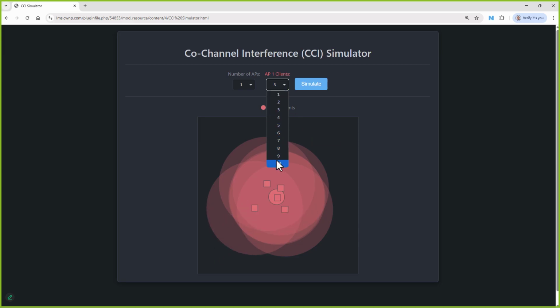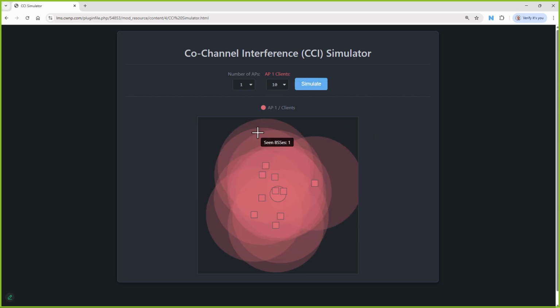In fact, I could add more clients, and you can see that in my little box I'm now covering much more of the space, even though the AP itself is still covering the same space, but my client signals are radiating out in other areas as well. Now, right now, because there's only one BSS, there is no CCI.